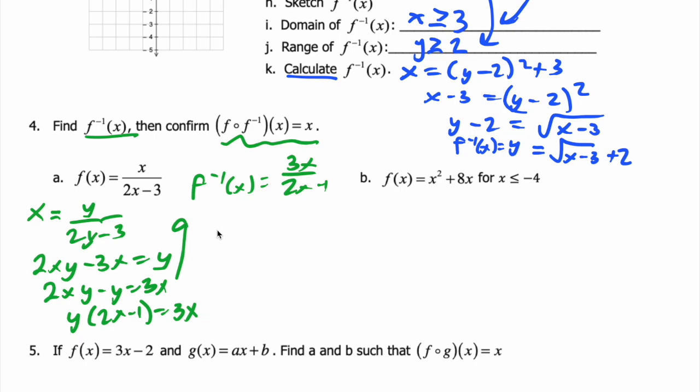We can do that. So let's do that different color. Okay, f inverse of 3x over 2x minus 1, or actually that is the inverse, so let's just do this. Yeah, f of that is, so we take 3x over 2x minus 1 and substitute to this function.